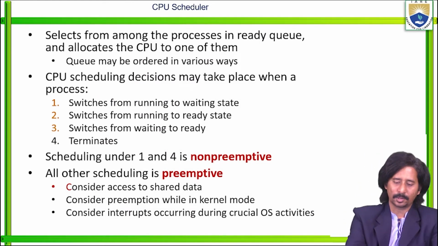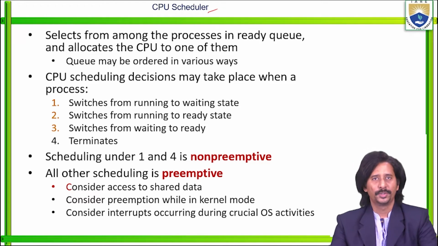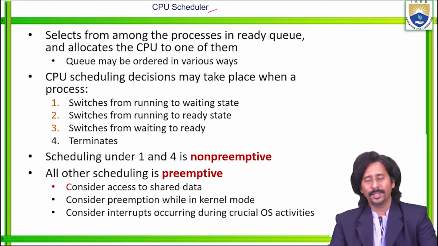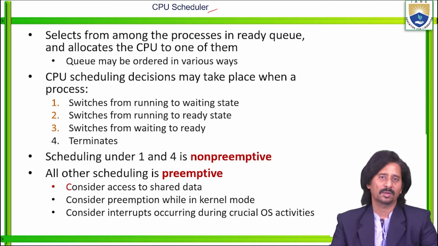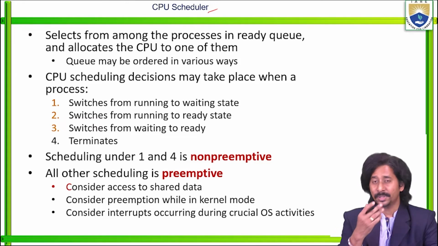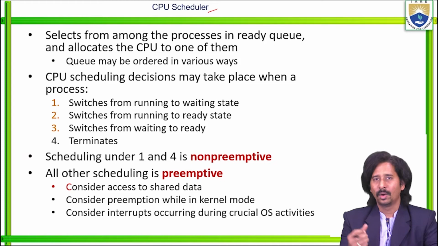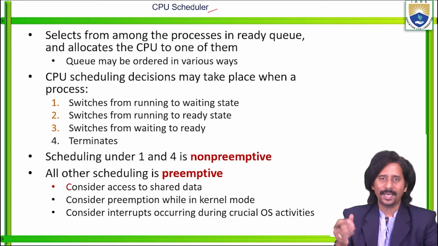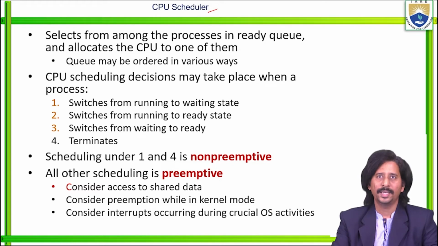Then coming to our next concept, that is the CPU scheduler. Here the processor schedules various processes, or we can call them jobs or tasks, right? Now the question is how the processor selects various jobs and where that processor keeps those jobs.